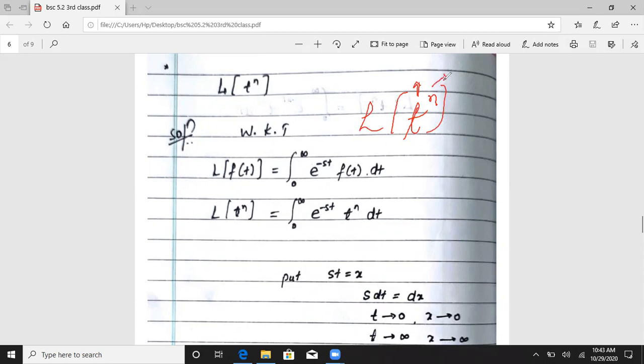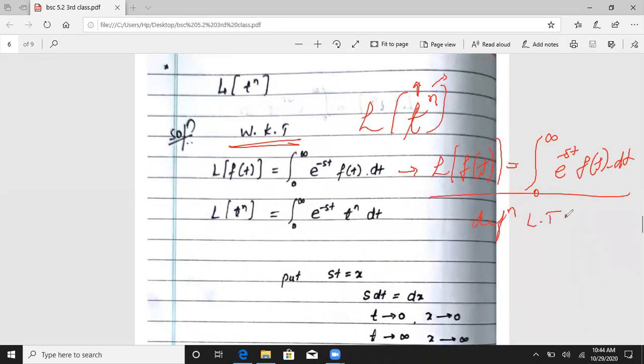We already know our definition: the Laplace transformation of a function is the integration from 0 to infinity of e to the power minus st times f of t dt. Here, the function f of t is t to the power n, so instead of writing f of t, we write t to the power n.